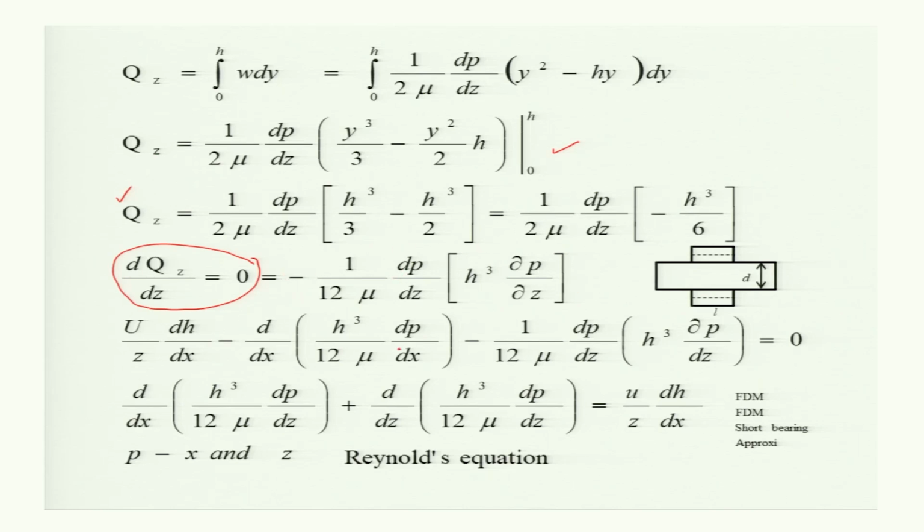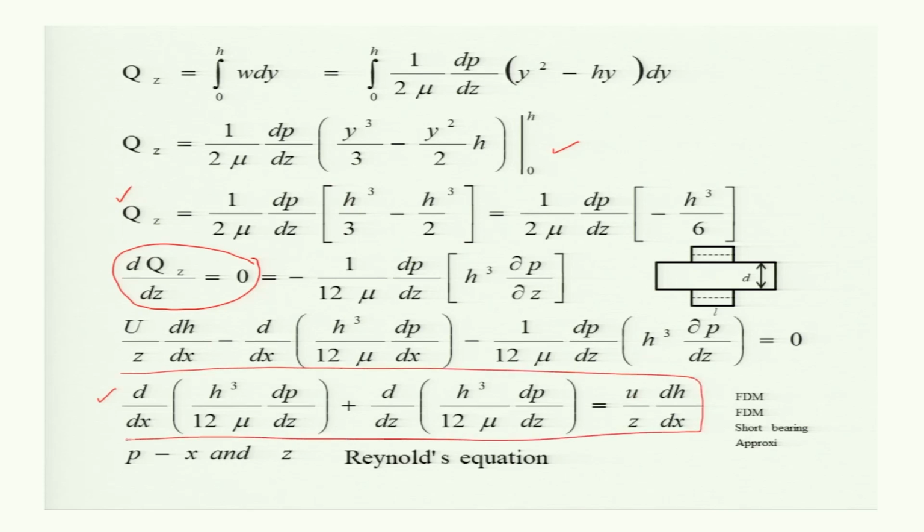Now, adding these two, we get a complete equation, which is rearranged to get this one: d over dx of h cube divided by 12 mu dp over dx plus d over dz of h cube divided by 12 mu dp over dz is equal to this one. This is the second order differential equation.